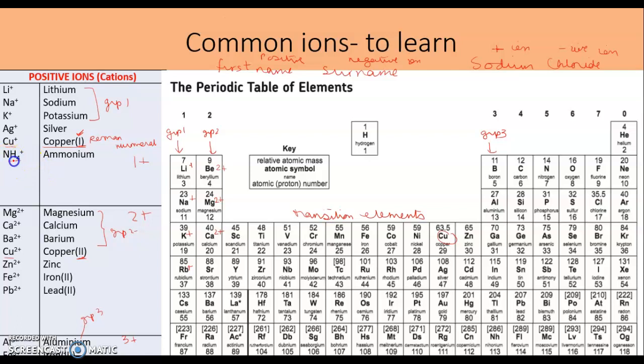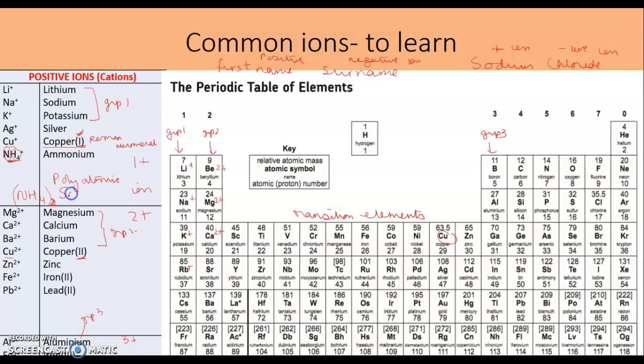You've got ammonium ion here. Now ammonium ion is a polyatomic ion. So you would have noticed that it is a positive ion in this series. That's the only one that's got 2 different elements in it. So you've got nitrogen and hydrogen. Now the common thing to remember in polyatomic ion is that if you've got more than one of those, you would use a bracket.